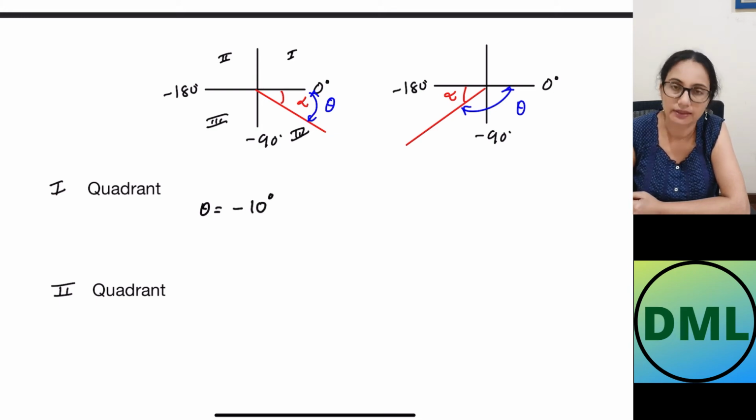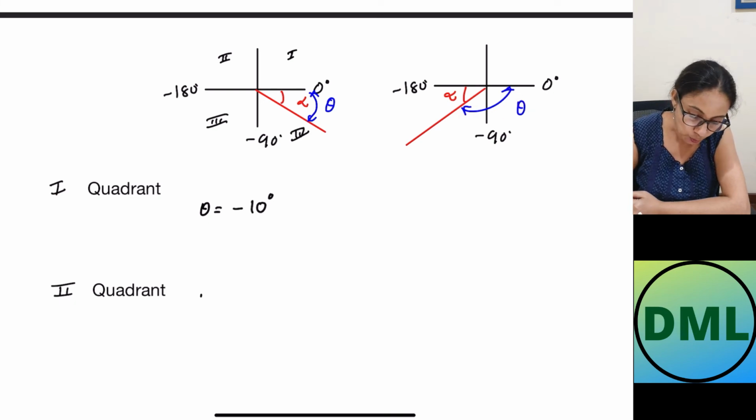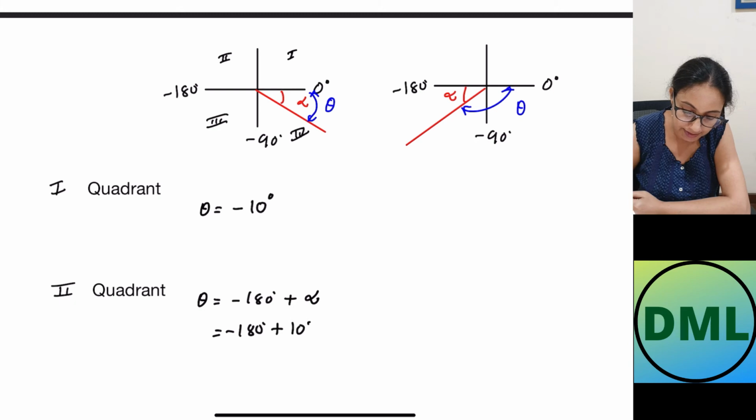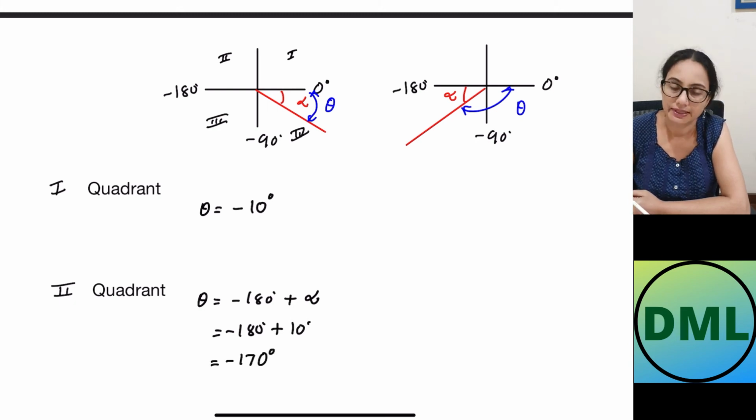Now I need to look at my answer in the third quadrant also. To get the angle theta here, I need to add minus 180 degrees plus alpha, then only it will give me the angle theta. So theta is minus 180 degrees plus 10 degrees, which equals minus 170 degrees.